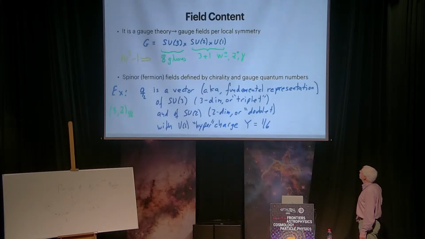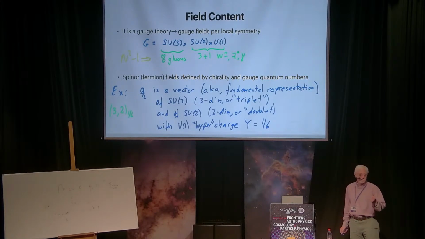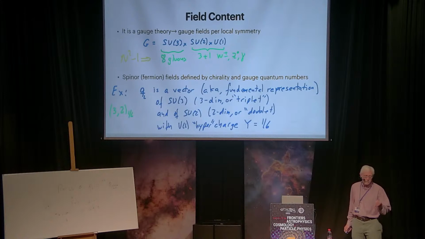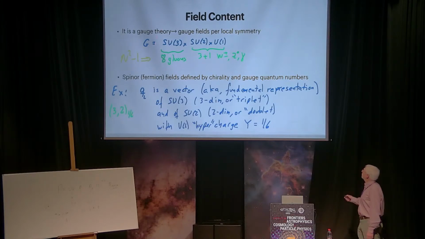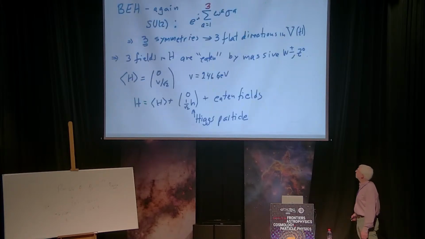Each one of these gauge groups comes with its own gauge coupling constant. Right? So the strength of the color interactions is very different from the strength of, say, electromagnetism, in fact, by a factor of 10. But that's accounted for here because each gauge group can have its own coupling constant.